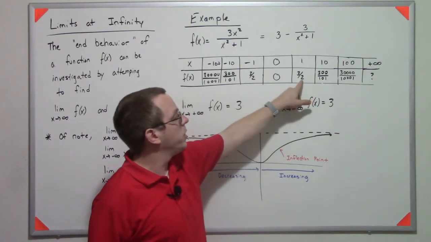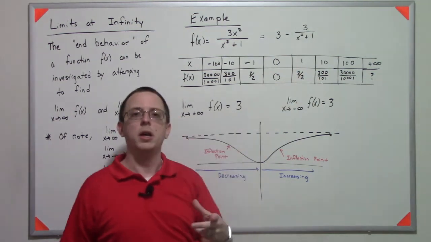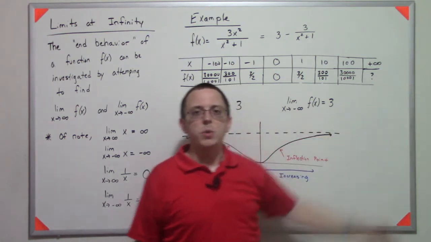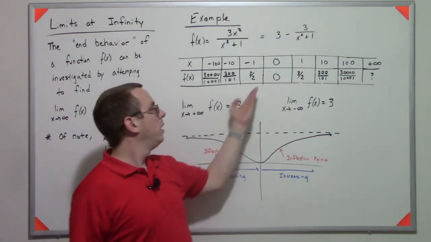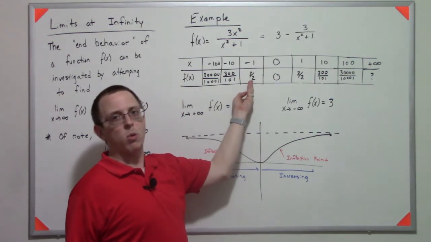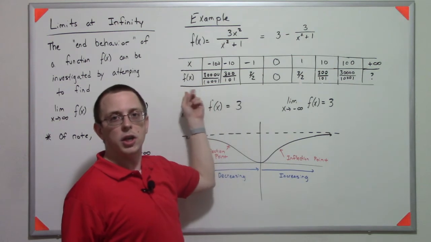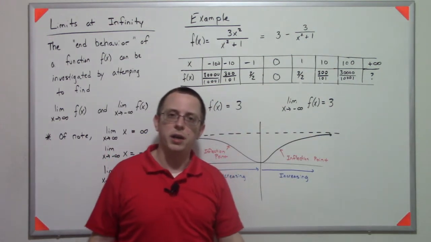Even here we actually have a tail 1. We have 3 over 1 plus 1, but it sums up to 2. As we keep going towards infinity, we're going to find we hit this limit of 3. And similarly, if we go backwards with negative 1, negative 10, negative 100, you're going to get the same function outputs, and you're going to find those also go to 3.